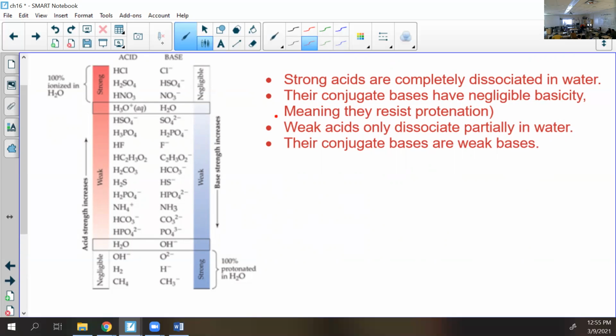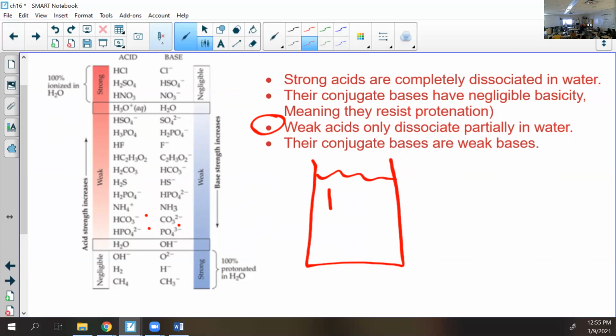Okay. Weak acids only dissociate partly in water. Their conjugate bases are weak bases, meaning they go one way. If it's a strong anything, it goes towards the products. If it's weak, it kind of goes both ways. So a weak acid like vinegar, you're going to have HC2H3O2, some of that.